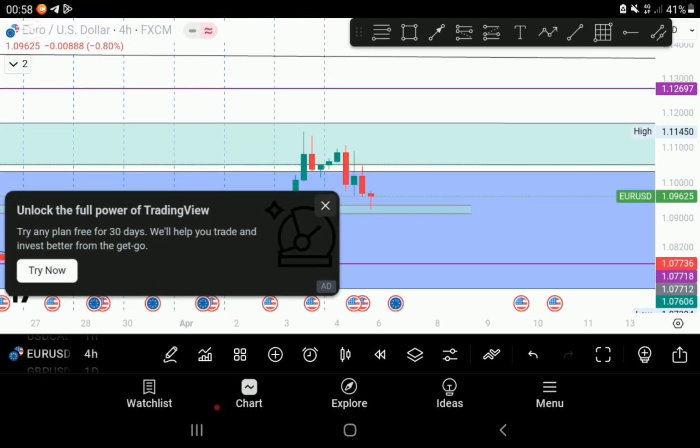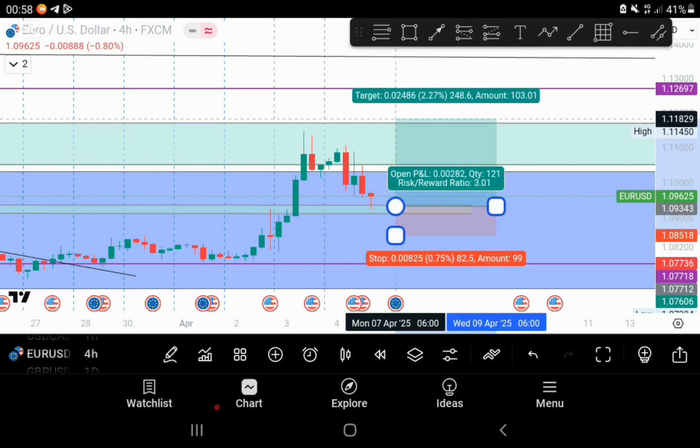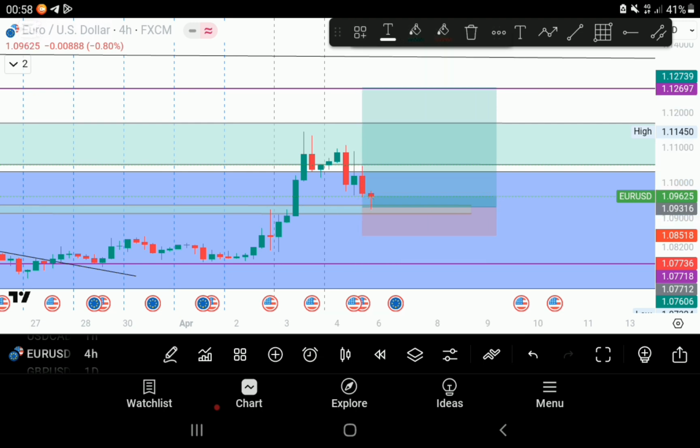So what are we expecting? We are expecting that the market will move from this zone. We go down to the lower time frame, the 15-minute time frame, and then we are expecting that the market will come up to this zone. 1:4 our risk reward ratio. This is what we are expecting for this week.